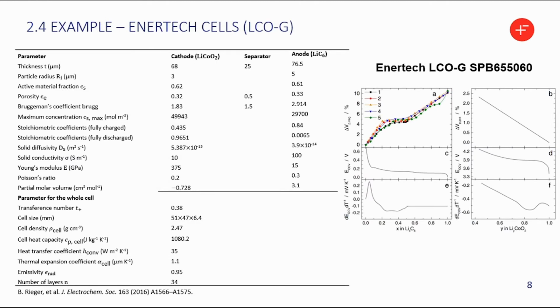Then we use the model to analyze commercial battery cells. We take the Anatech cells for instance. The parameters are listed in this table, and on the right-hand side are the curves of volume change, open circuit voltage, and entropy for both electrode materials.